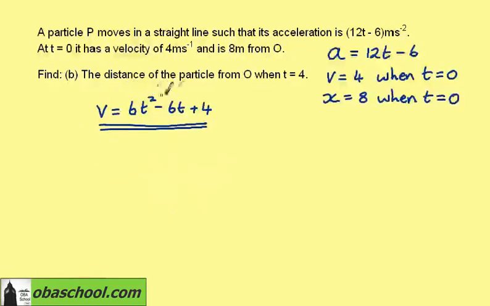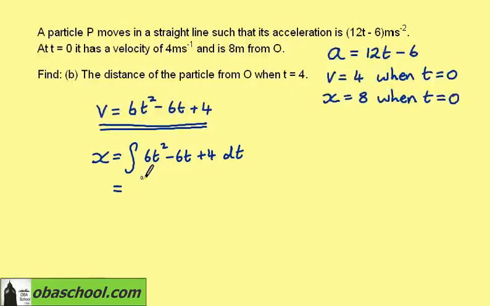Now we want the distance of the particle from O when t is 4. Displacement is going to be the integral of velocity, so the integral of 6t squared minus 6t plus 4.